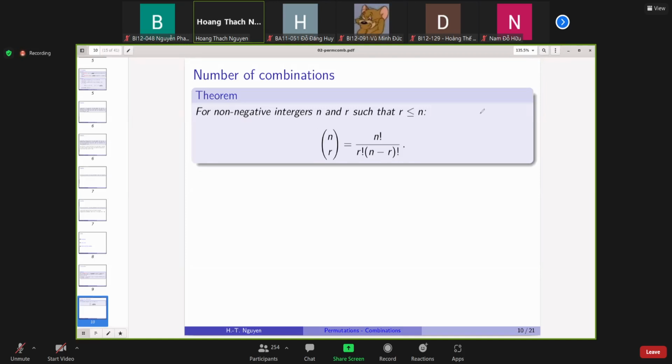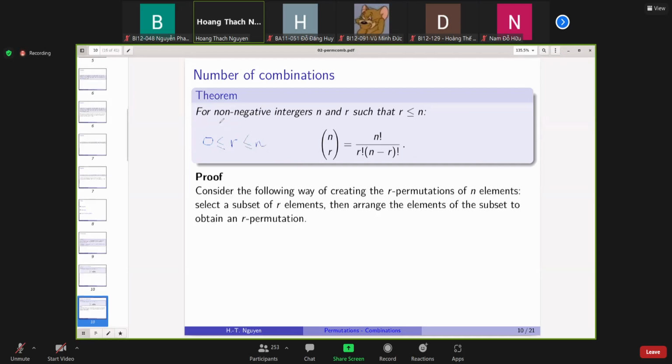By convention, you can adopt the convention that n choose r is equal to 0 if r is larger than n. That is a widely used convention, and it will be given to you when necessary. But here, for r between 0 and n, we have this formula.